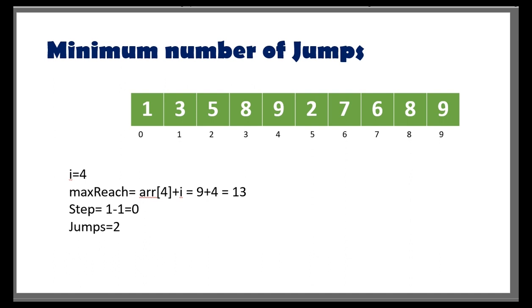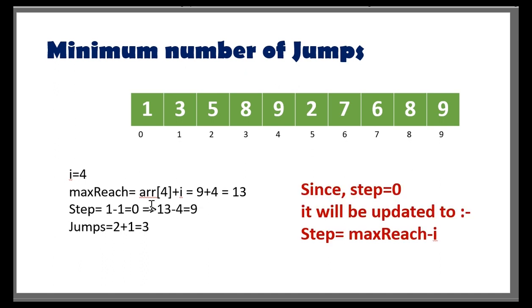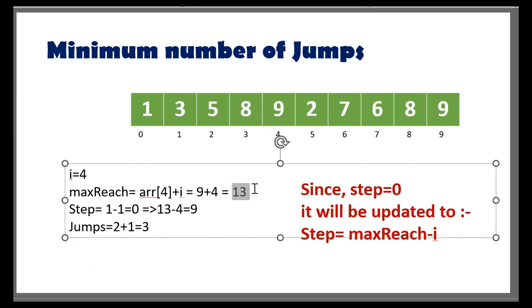So since the value of step is 0, now jumps will be updated. Then steps will be updated to the value of maximum reach minus I. The maximum reach value is 13 and steps value will be 13 minus 4, which is 9.